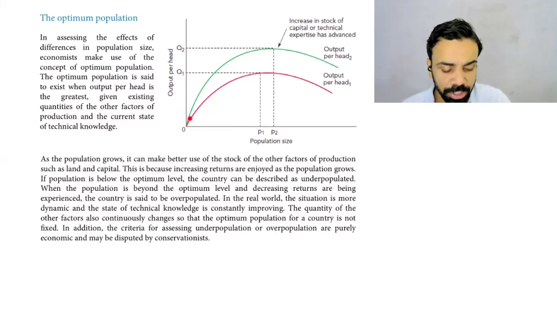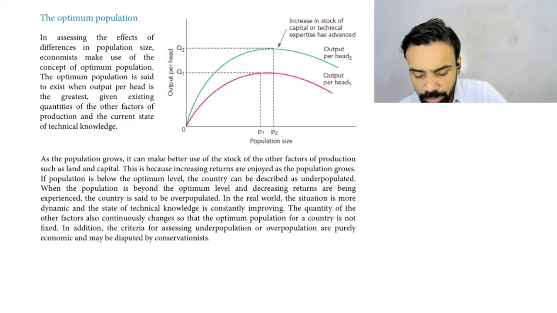So when the population is growing, the income per head goes up until a population P1, let's say. You've reached an optimum population. After that, if you try to increase your population, the GDP per head starts to fall because now you have fewer resources per person.